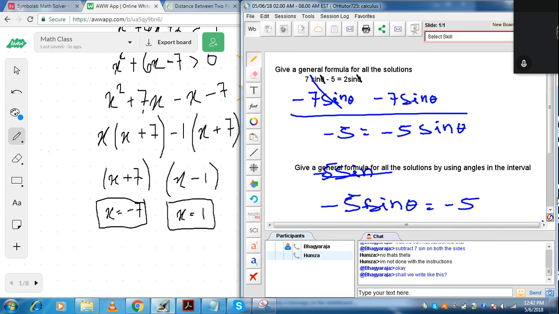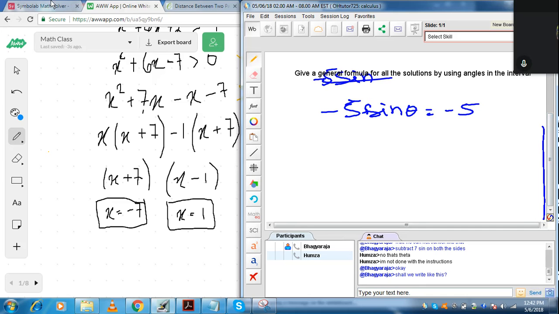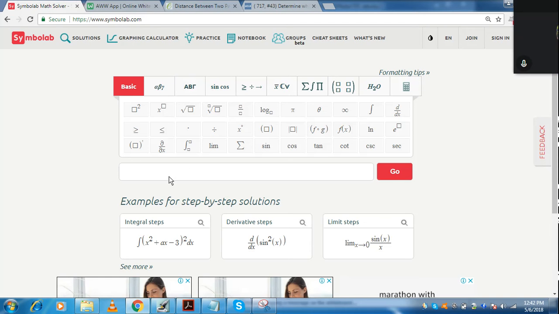Even though it is asking to select, we just need to represent the values of x here.